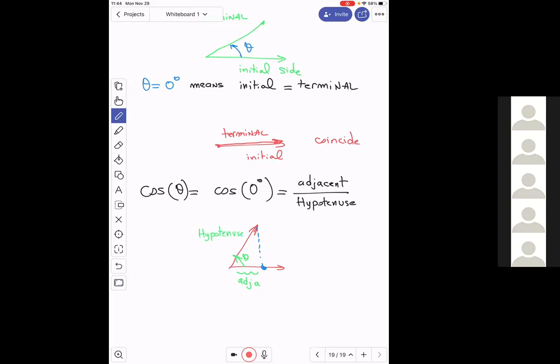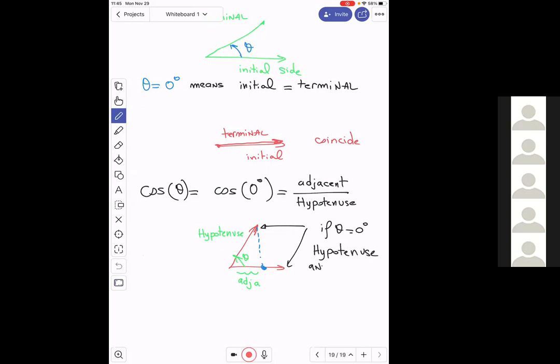Okay. Now, if the angle is 0, right? Then the terminal and the initial side are going to be equal. They're going to coincide. So if theta is 0, the hypotenuse is going to coincide with the adjacent side.